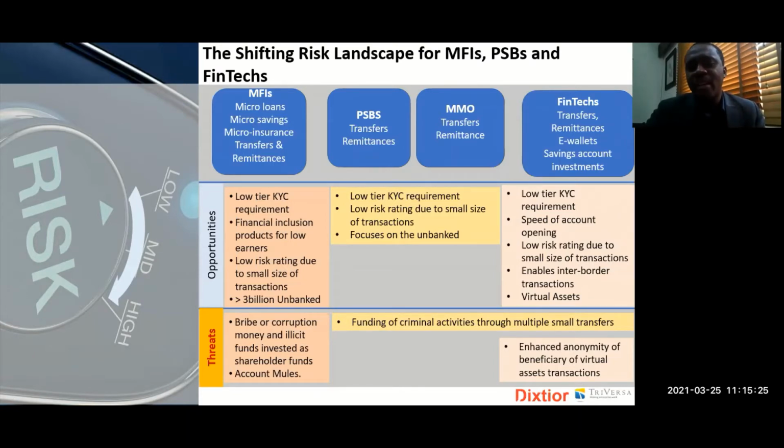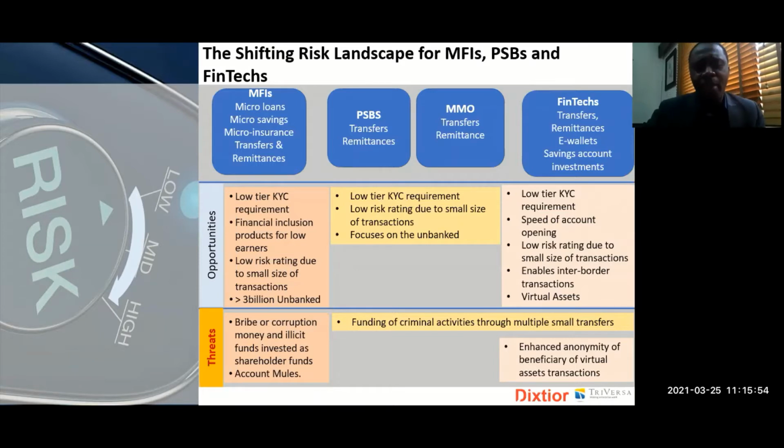For the fintechs, and I know we have quite a number of them on this call, because of the small transaction limits, it was originally considered low risk to a certain extent. But of course, you also provide speed of account opening, you enable cross-border transactions. And like we have also said, we are talking about virtual assets, cryptocurrency and what have you.